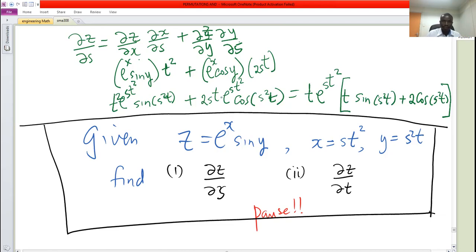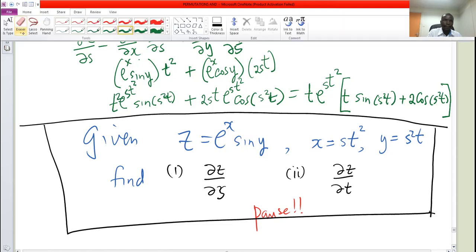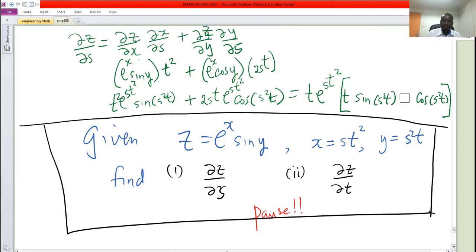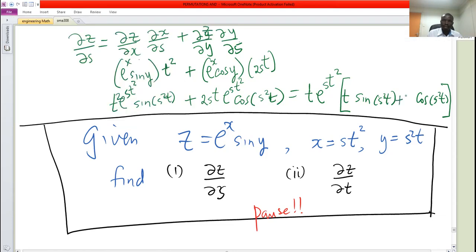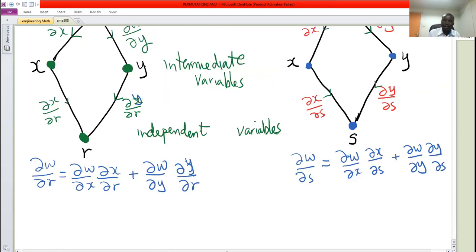There's an s here, so plus 2s and then cosine of s²t.